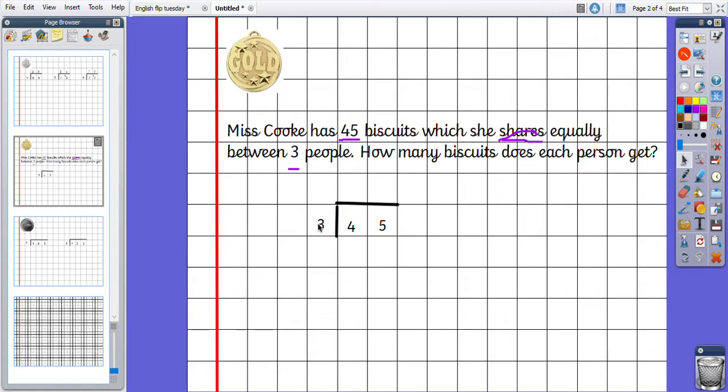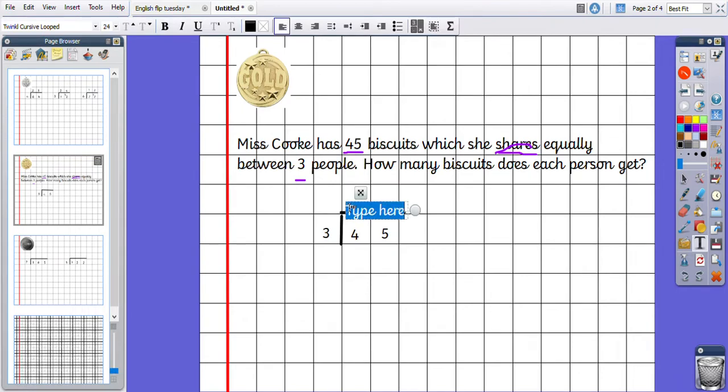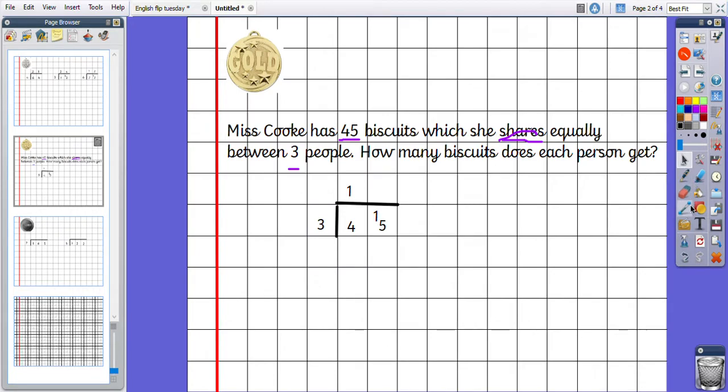So, how many 3s go into 4? How many groups of 3 can I make with 4 counters? I know I can make 1 group. So I'll pop my number at the top, 1 group, and I'm carrying over my remainder, which is 1. So now I need to work out how many groups of 3 I can make with 15. 3, 6, 9, 12, 15.